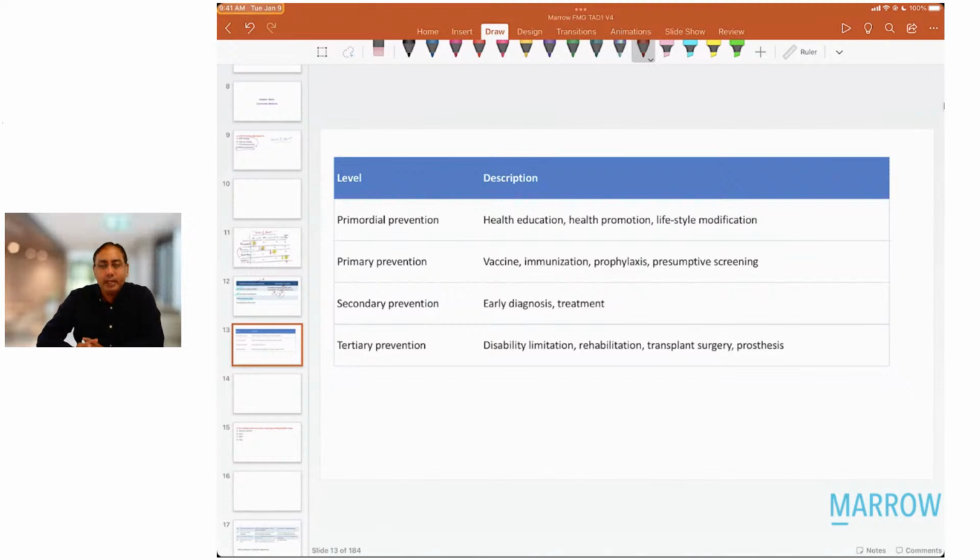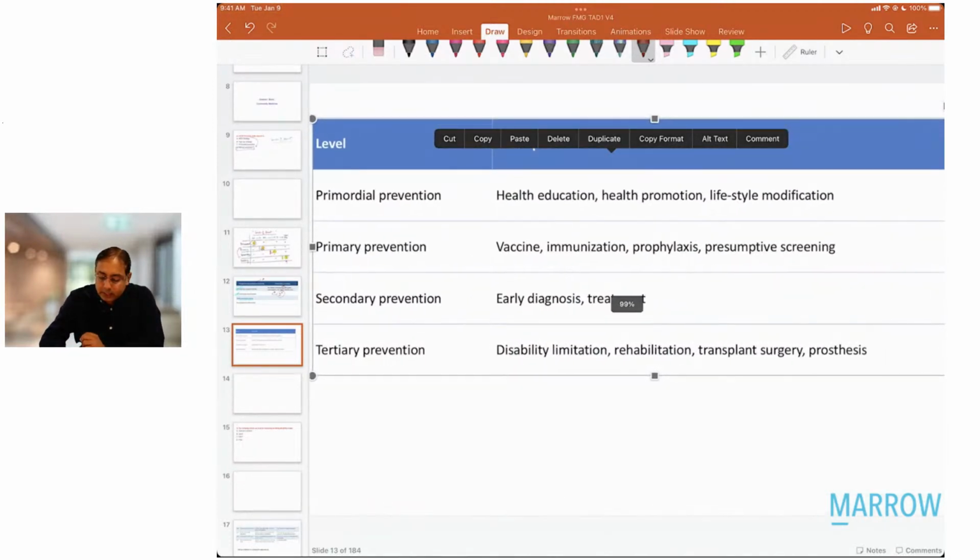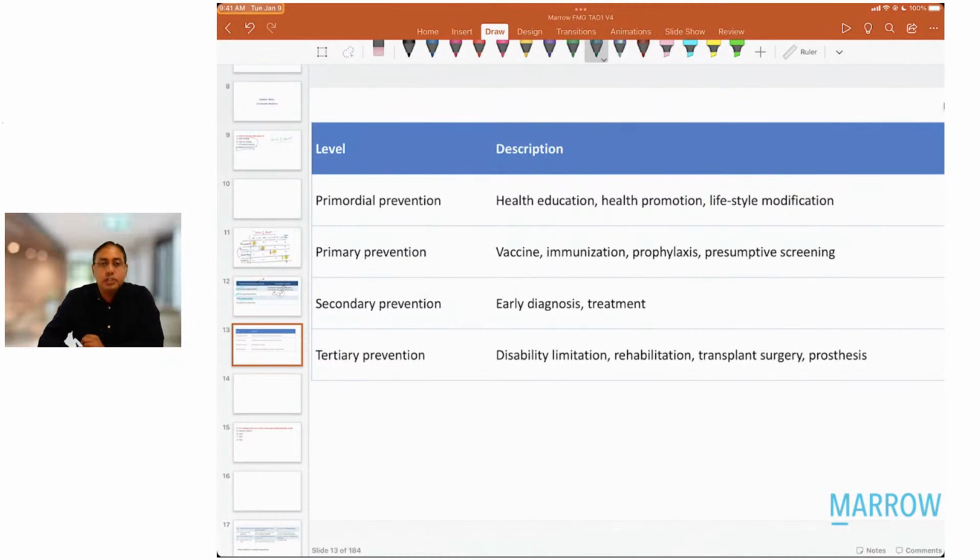So also many times in your exam you get MCQs like what are the examples for these levels of prevention. So if you just look at primordial prevention, primary, secondary, and tertiary. Primordial prevention examples would be health education, health promotion, lifestyle modification. Primary prevention, beta, vaccines, immunization, any type of vaccines. Don't get confused. Yellow fever vaccine, measles vaccine, rabies vaccine, pre-exposure prophylaxis, post-exposure prophylaxis, all are types of primary prevention.